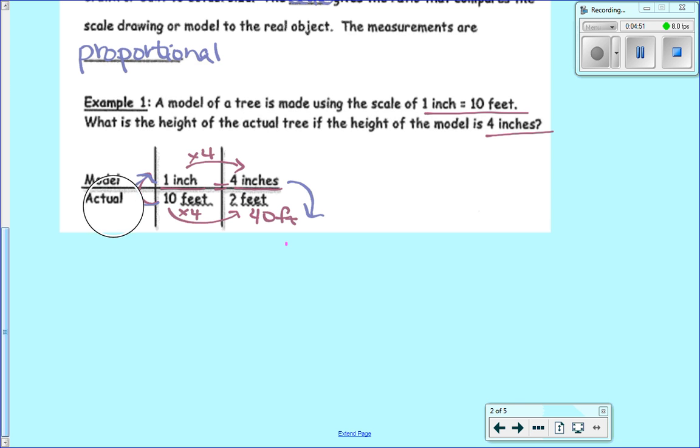Let's change our arrow there. What do we do to 1 to get to 10? Times 10, and so we also do it to the other side, and we still get 40. 4 times 10 is 40. Are we good with that? This is one way, so if you have a way that you like better, that's fine. This is how I'll show it, okay?